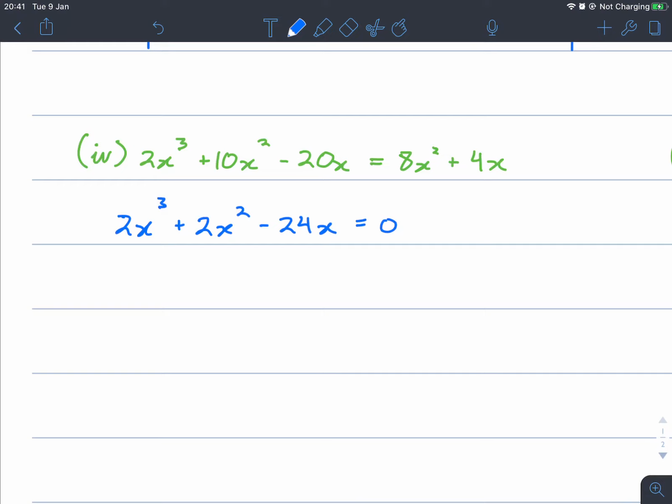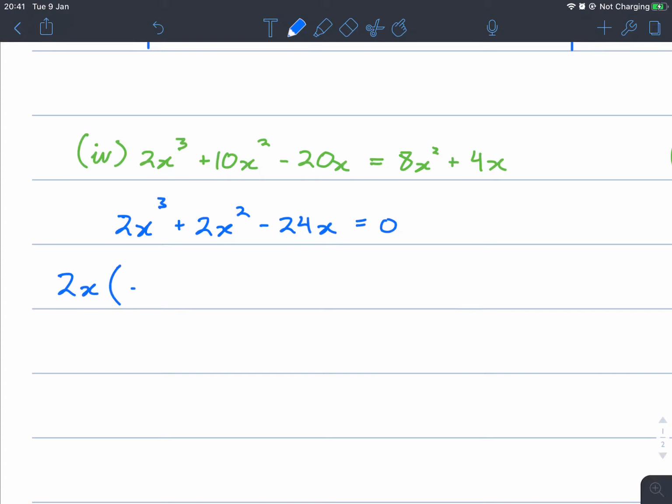Now we need to factor all the terms that we can here. I can see that they all have an even coefficient, so 2, and they all have an x, so 2x.